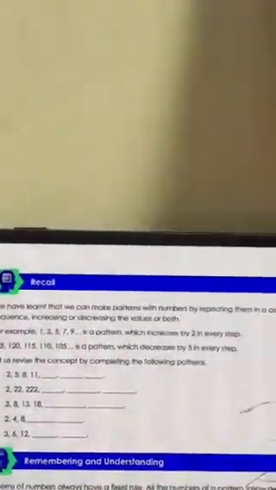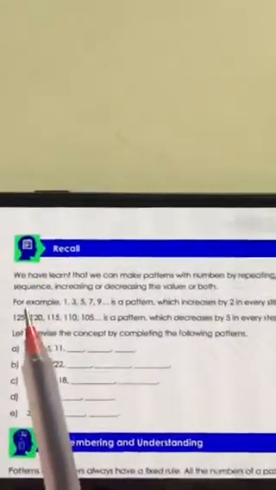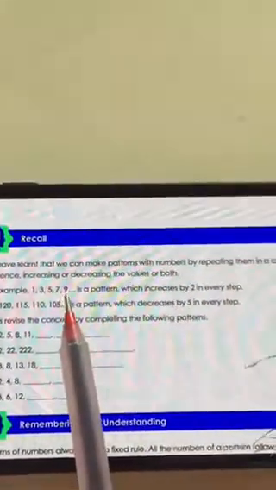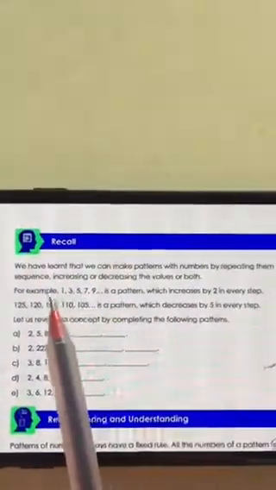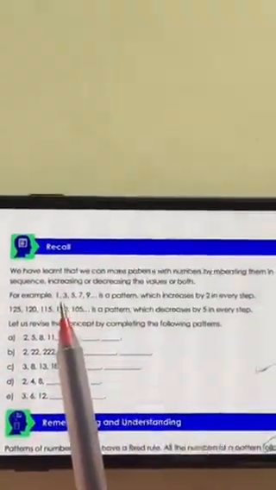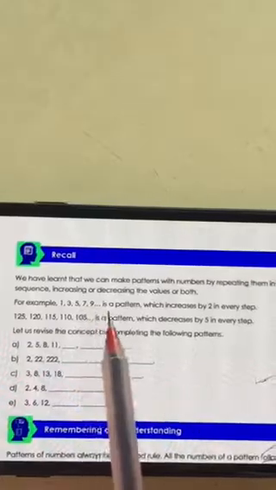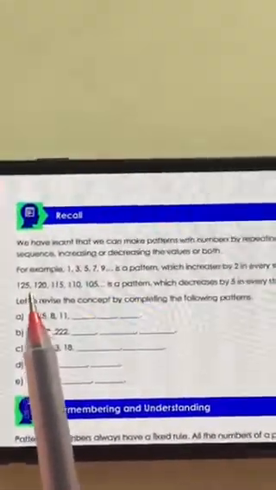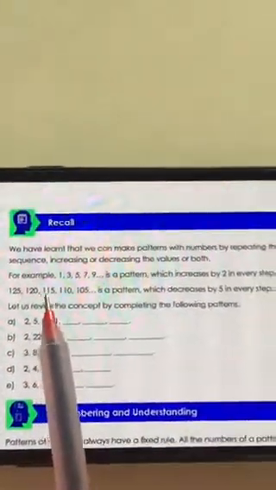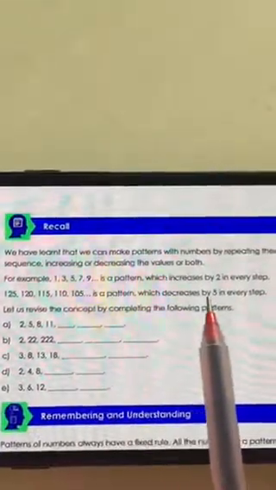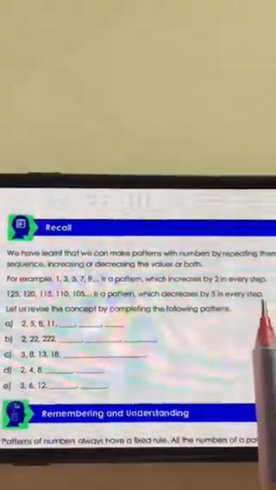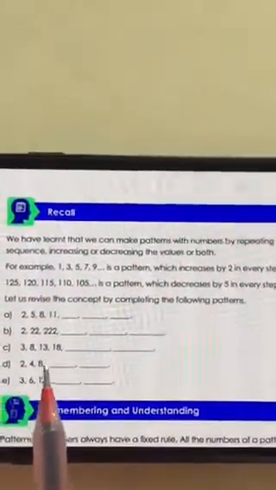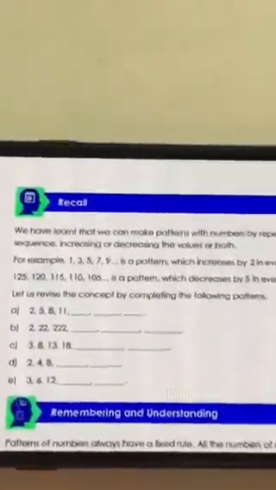Now let us understand a few more examples which are given in your book. Here if you see 1 3 5 7, in this every time it is increasing by 2. Now 125, 120, 15, it is decreasing by 5 in every step. Now let us revise with a few more examples.